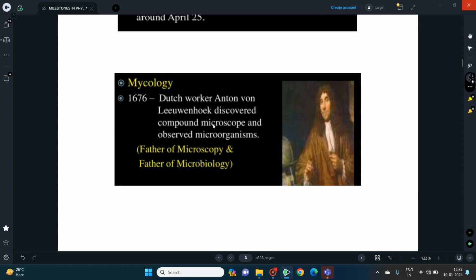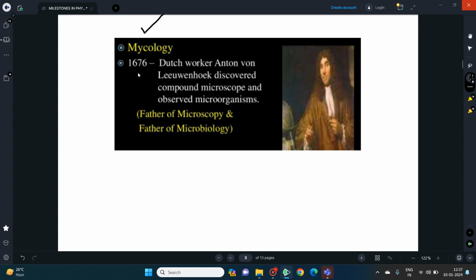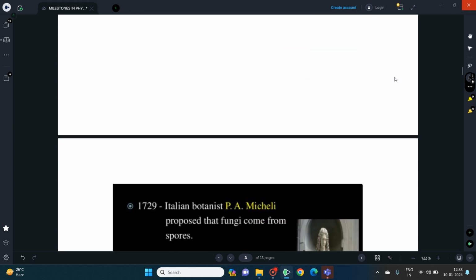Now we can deal with the brief history of mycology. In 1676, the Dutch worker Anton van Leeuwenhoek discovered the compound microscope and also observed microorganisms, and he is later called the father of microbiology as well as father of microscopy.